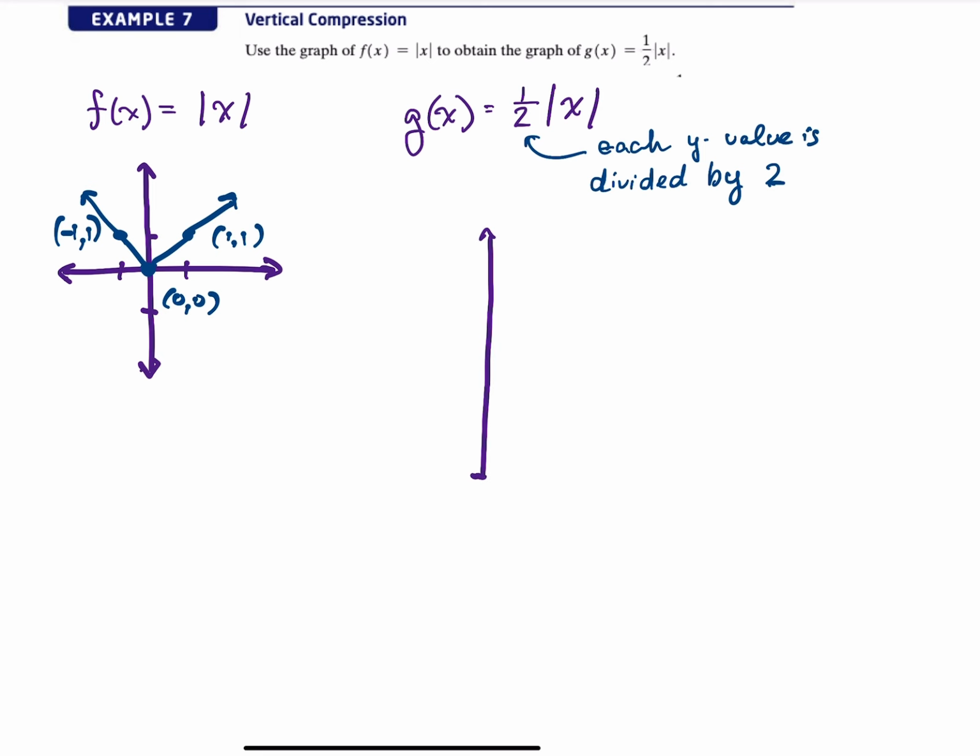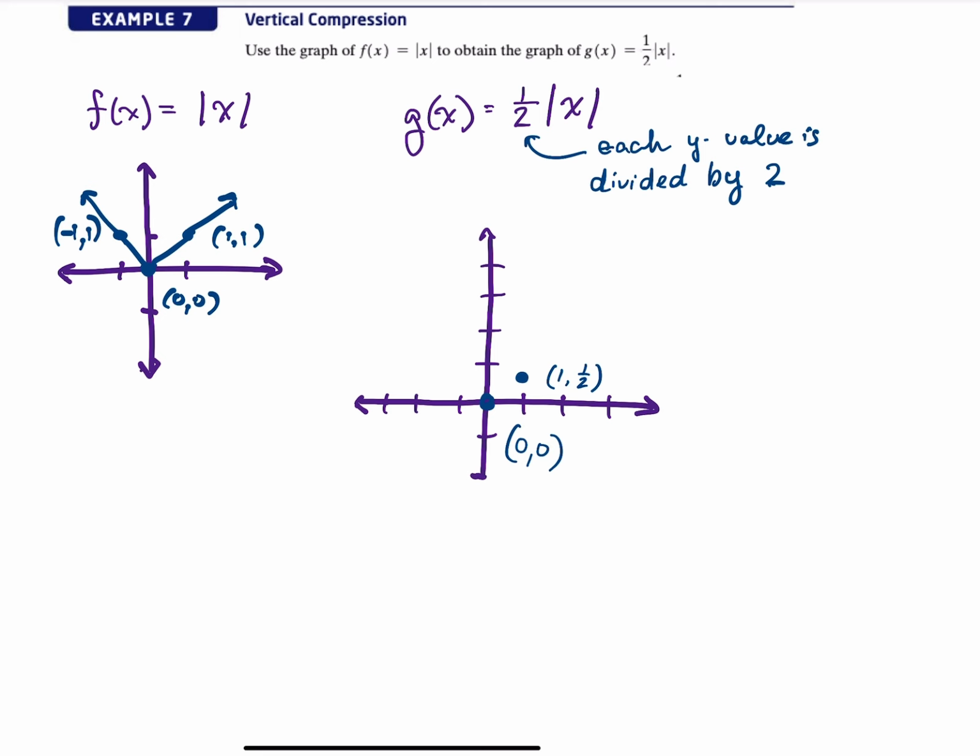So this is effectively going to flatten the graph. All right. We'll still have the same vertex point at 0, 0, because 0 divided by 2 is still 0. And then instead of 1, 1, I should have the point 1, comma 1/2.